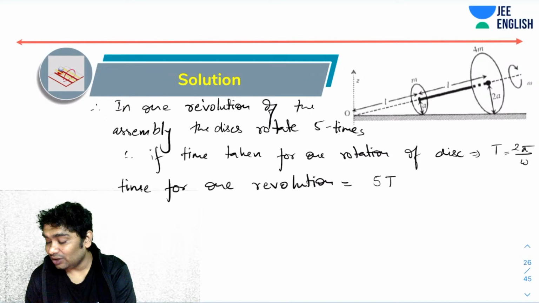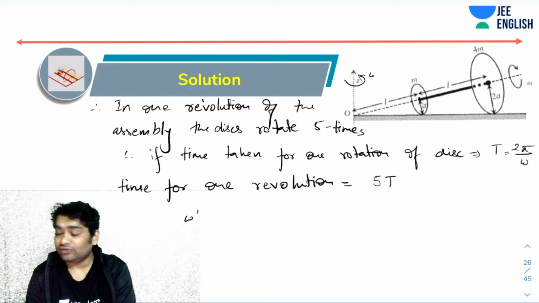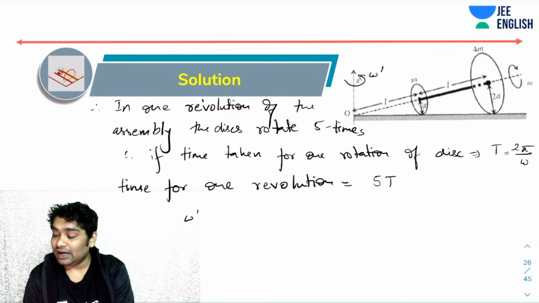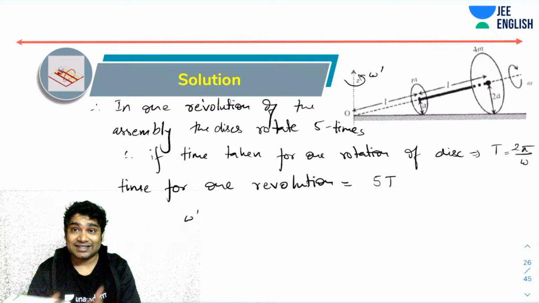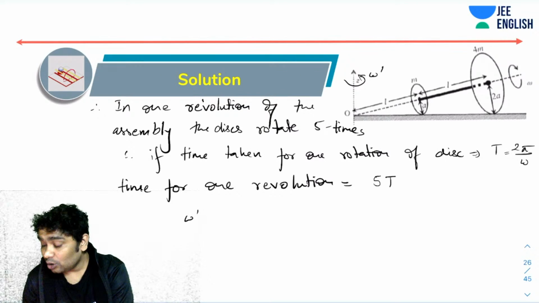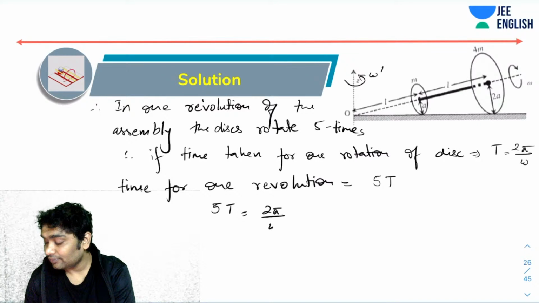And therefore, let's call omega dash the angular velocity with which this entire assembly is rotating about this z axis. How much will that be? 5t will be equal to 2 pi over omega dash.